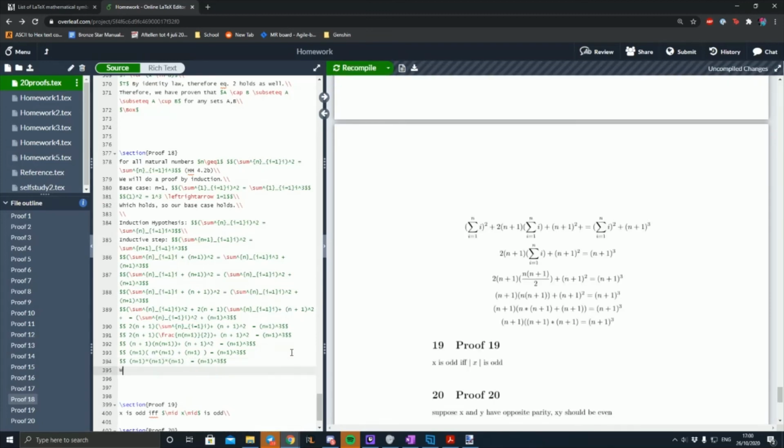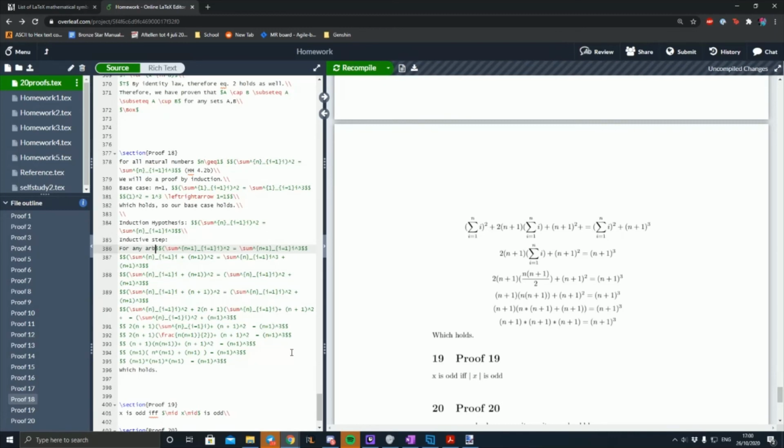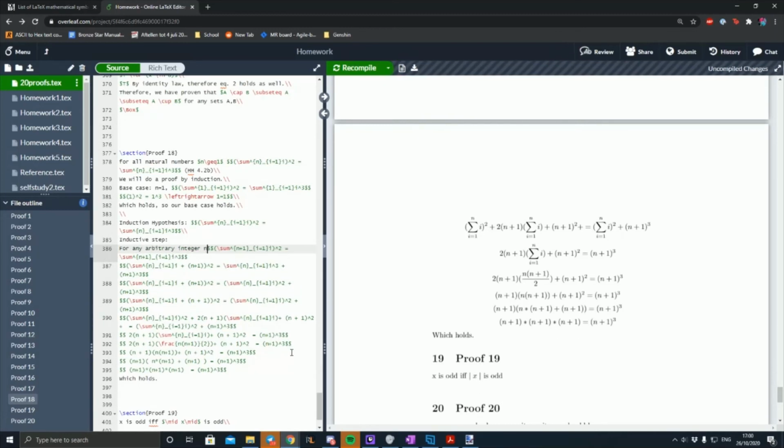yeah, which holds. And then over here we can say for any arbitrary integer n in capital N, this stuff holds.